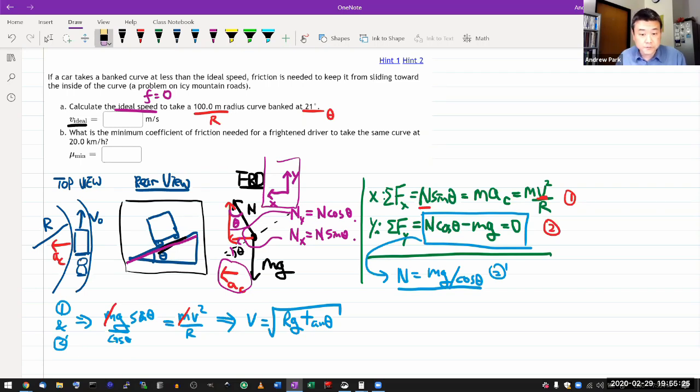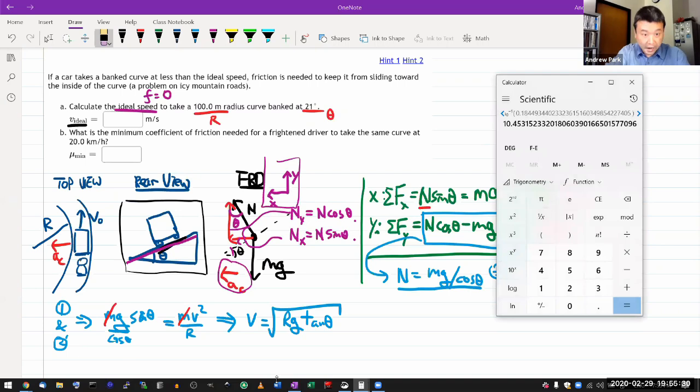I think I have enough to just plug in the numbers. So r is 100 times g, 9.8, times tangent theta. The way I plug it in this calculator is first I enter the angle, 21, and then I type tangent, and I can verify it's doing that correctly. Is equal to, oh, that's the squared value. So I need to take the square root of the whole thing.